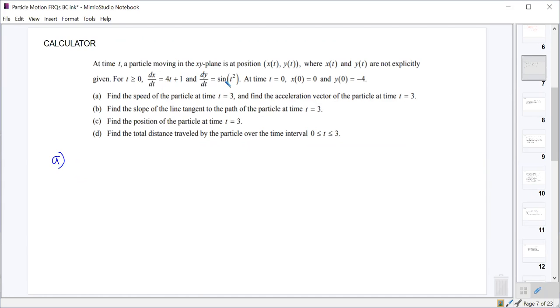And velocity is dx dt, dy dt. So it ought to be the square root of 4t plus 1 squared plus sine squared t squared evaluated at t equals 3. And that should have come out to be 13.006.